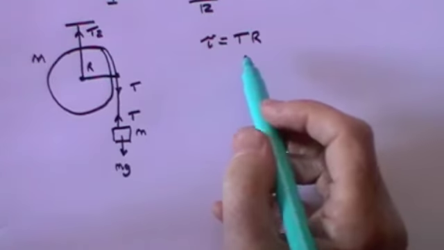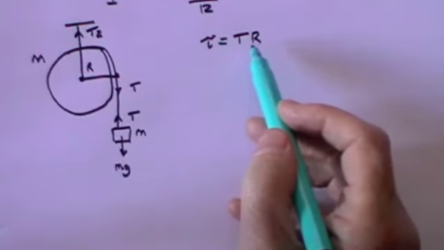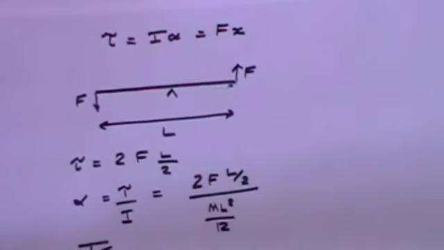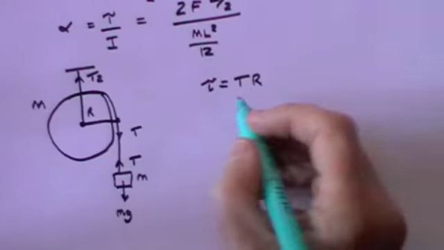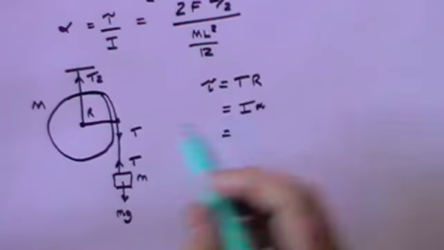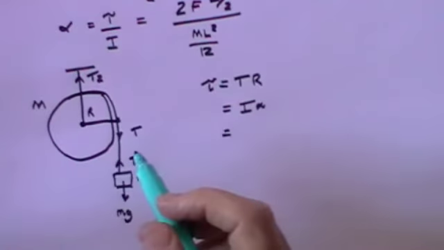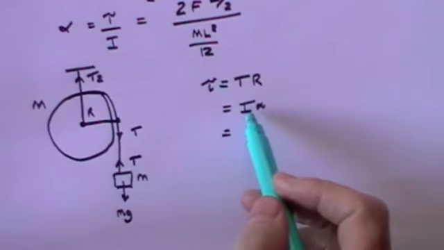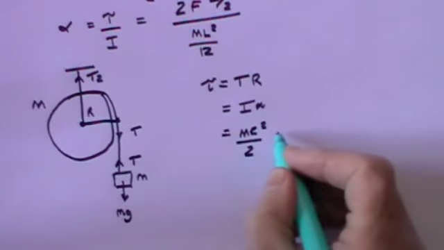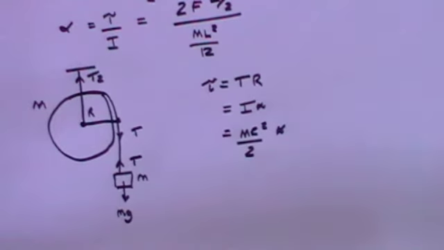So tau is T times R, but as we've already shown before, tau is also equal to I times alpha. And for a disk, we've shown that the moment of inertia I is mr squared over 2, times alpha.